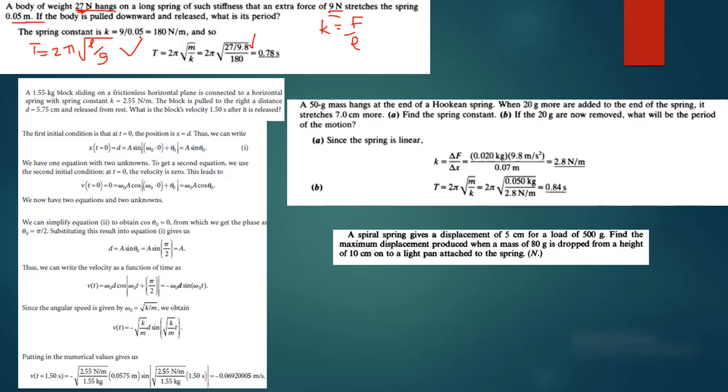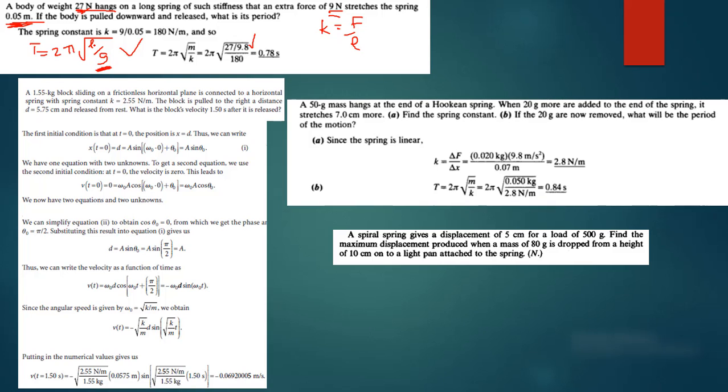Why? Because ukisema utumie hii extension 0.05 utumie na hii acceleration due to gravity, utakosa. Fanya utaona it doesn't give you the answers. Why? Because this is only true when the extension was caused by the weight. Okay, if you can remember, if the extension was caused by the weight, that's when the formula will give you the correct answer.